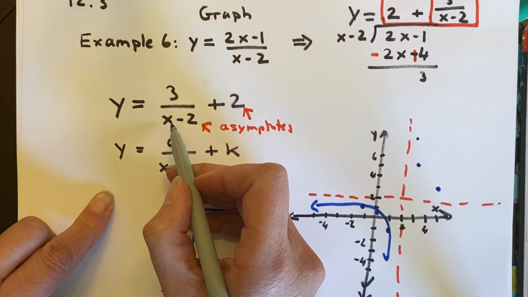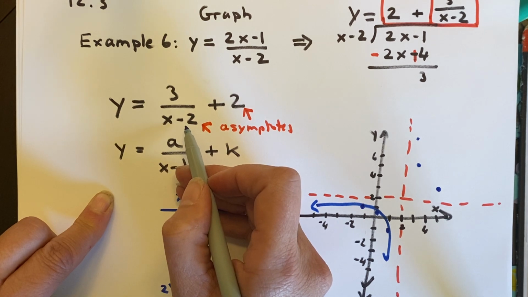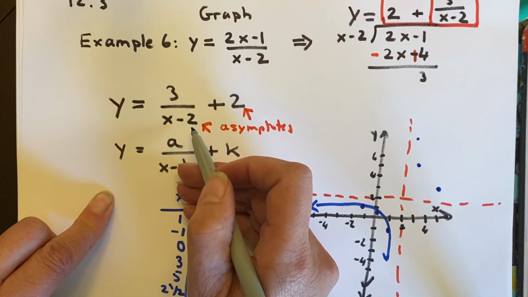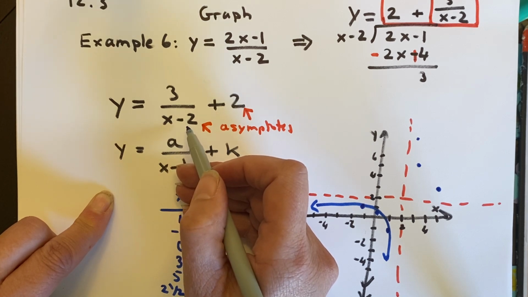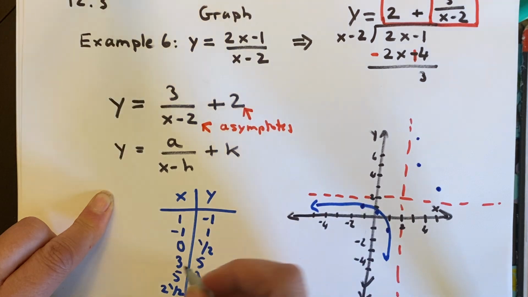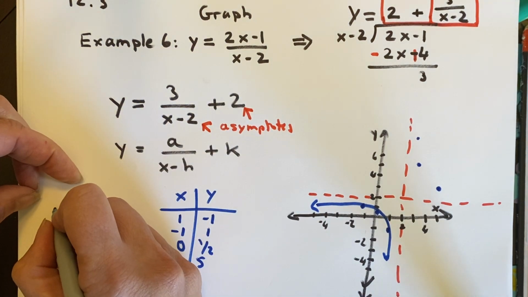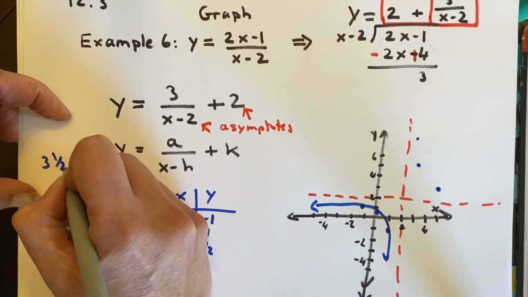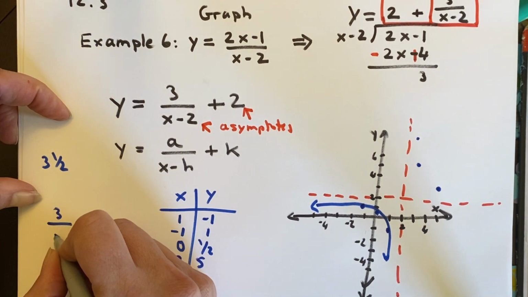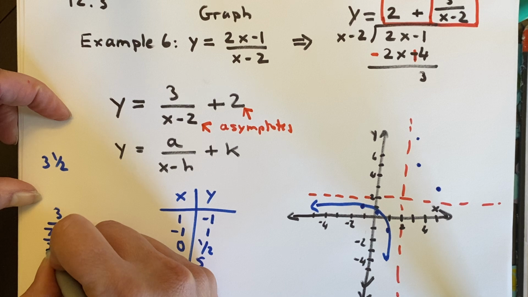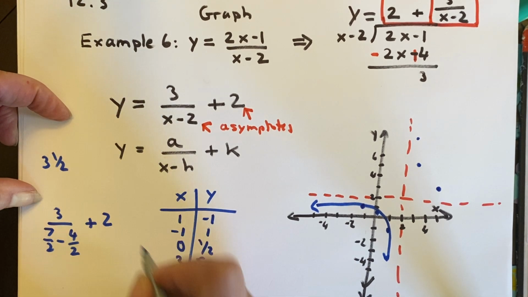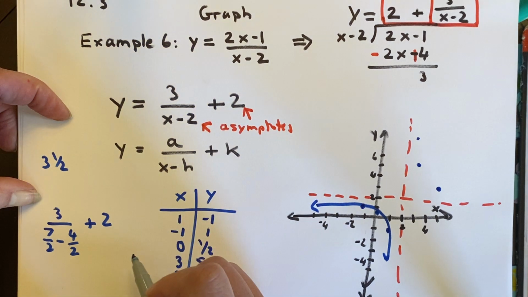Let's see, 3.5 is 7/2. I'm just trying to get my equation correctly.